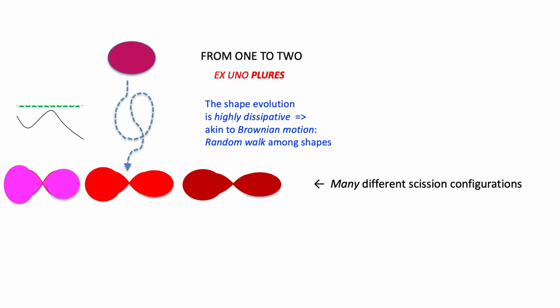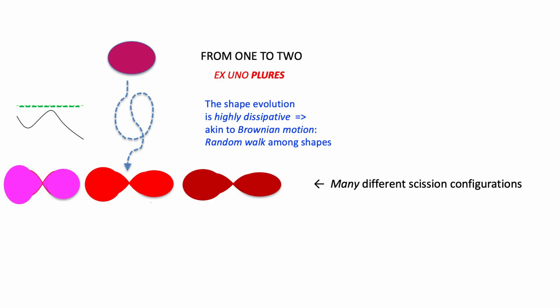Now, let me say a little bit about the shape evolution, because it will come in later. The way you should think about this shape evolution is that it's a highly dissipative process. This is also what Aurel said he finds with his microscopic calculation. The dissipation is strong. So the shape is very much like a Brownian particle that interacts with the rest of the system, and therefore you can simulate the whole thing as a random walk among the shapes.